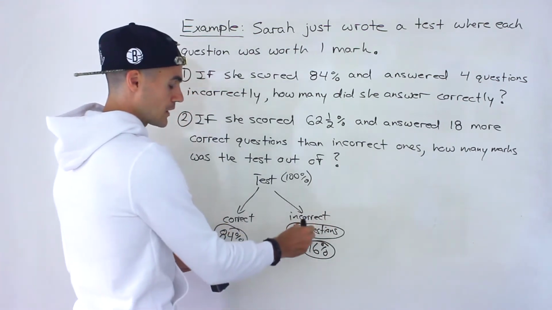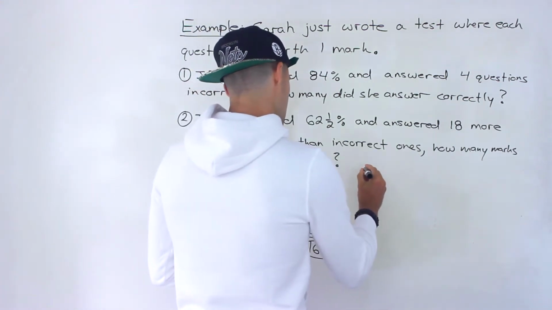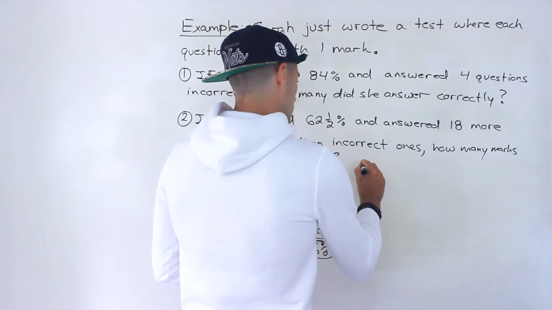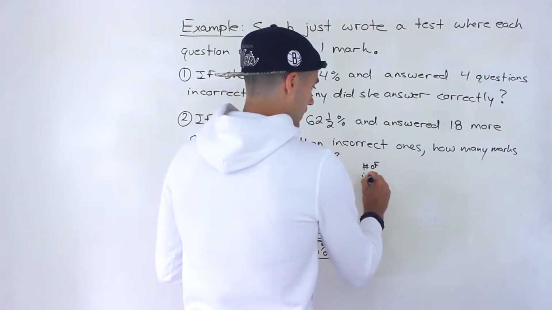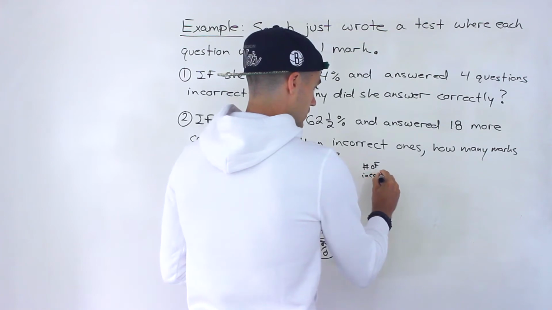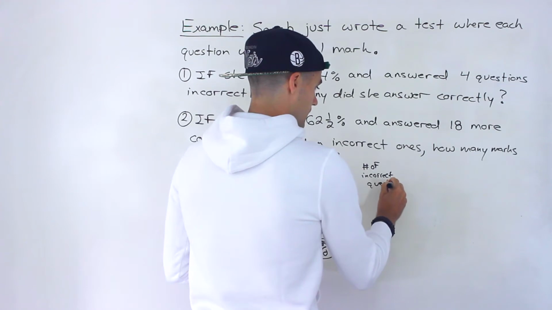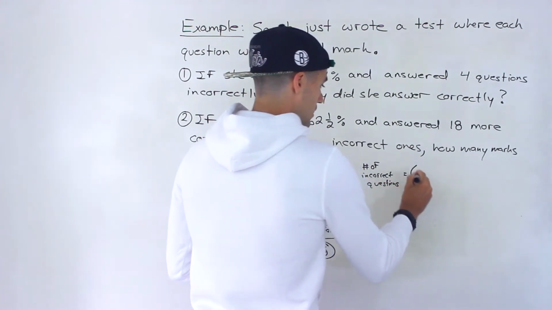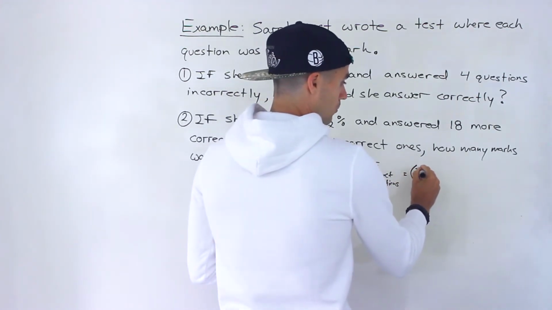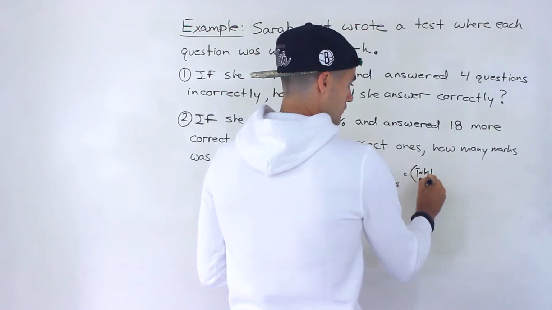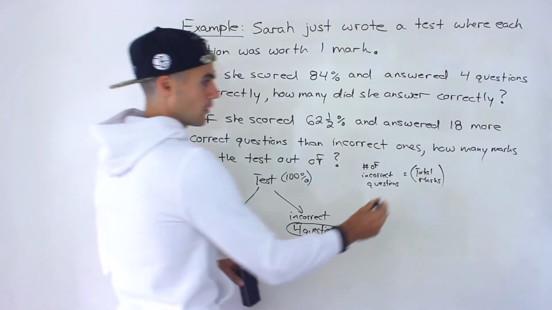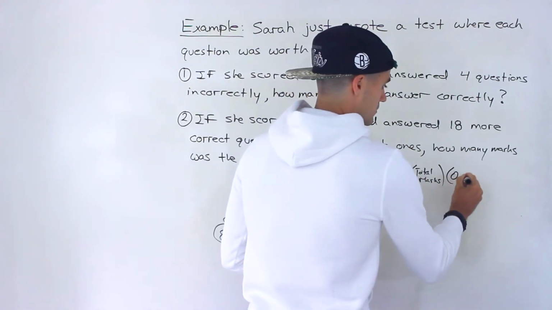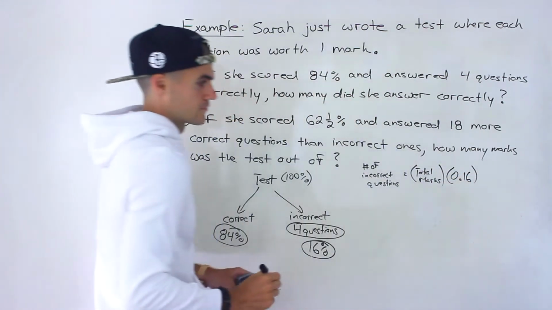So what we can do is we can say we know that the number of incorrect questions is going to equal the total marks the test is out of times 16%, 0.16. Right?